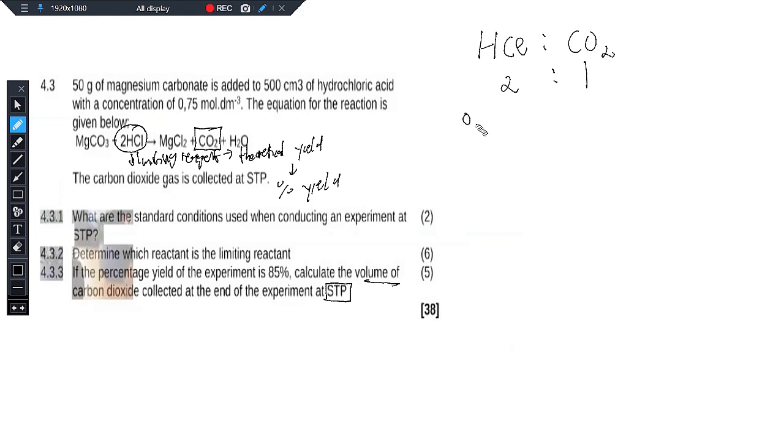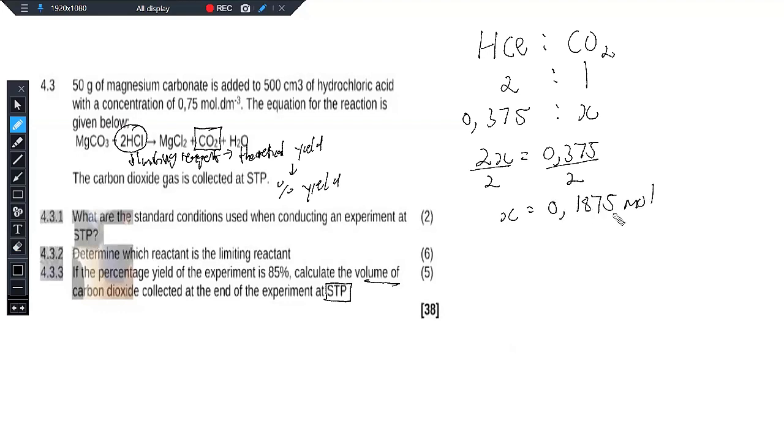So it's 0.375, and then here we have X. So obviously, having to calculate here, we need to cross multiply: 2X equals 0.375. Divide both sides by 2, and then our X value becomes 0.1875 mole.